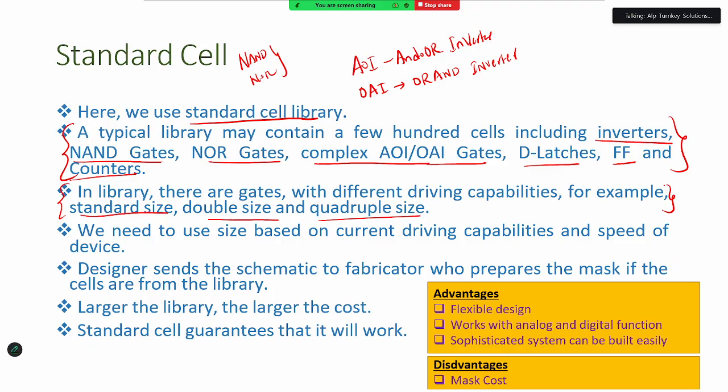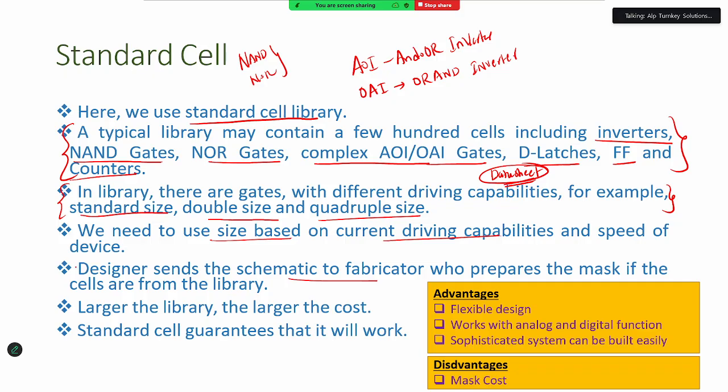The whole thing will be there in the manual, which we call a data sheet. By seeing this data sheet we need to design that circuit, using size based or current driven capabilities.